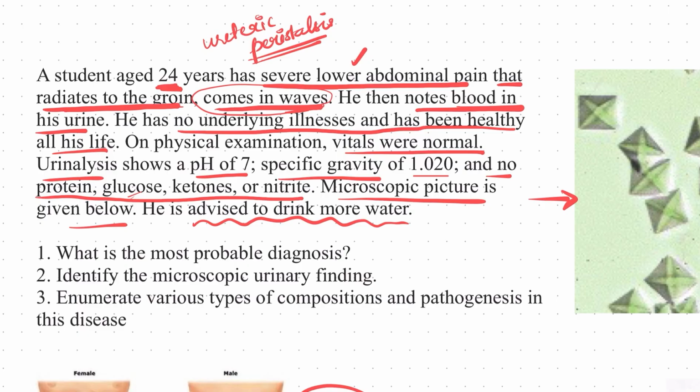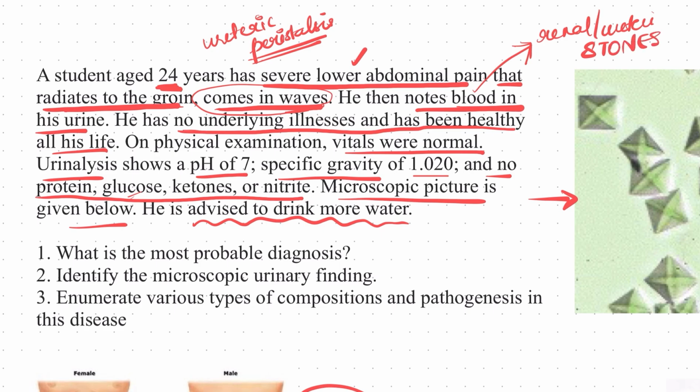But given this pain history coming in waves, referred pain to the groin, and the most common reason for hematuria being renal stones, all the clues from the question go more in favor of renal stones or ureteric stones.